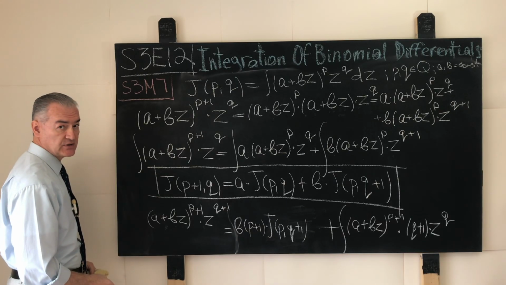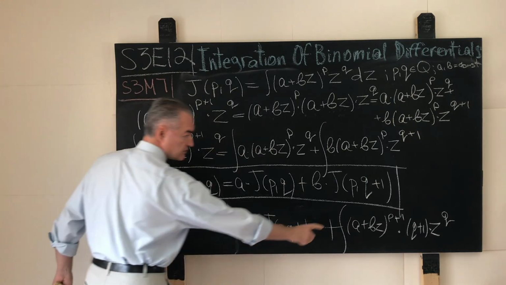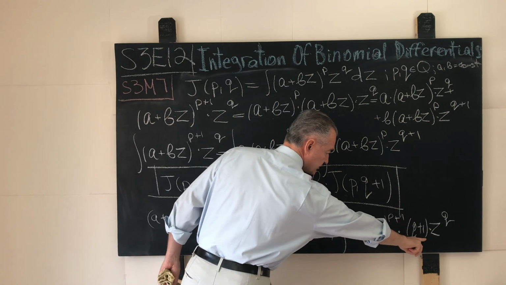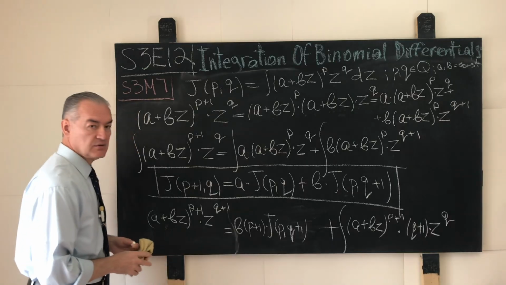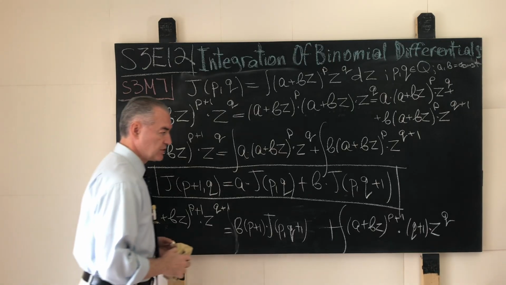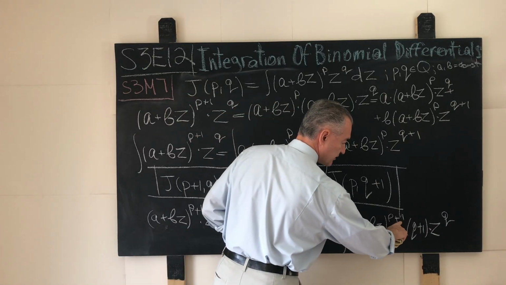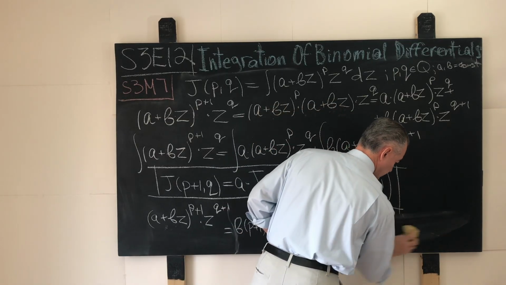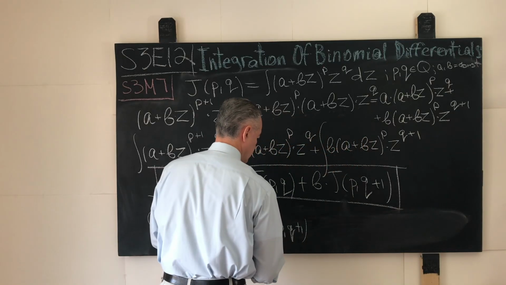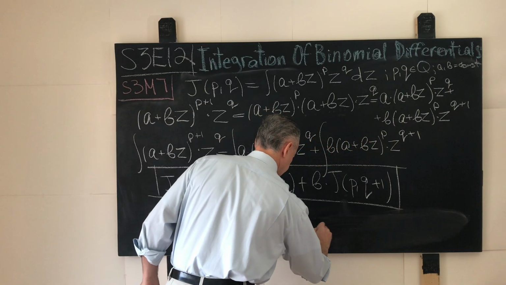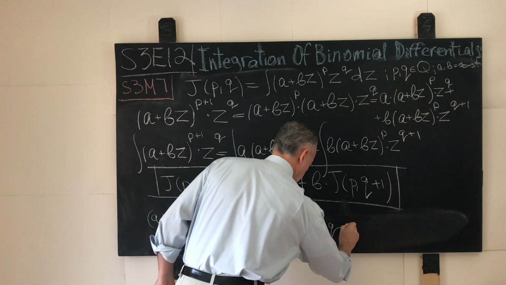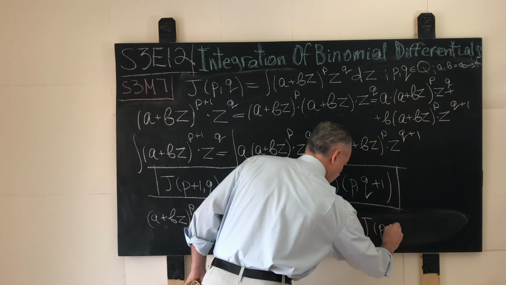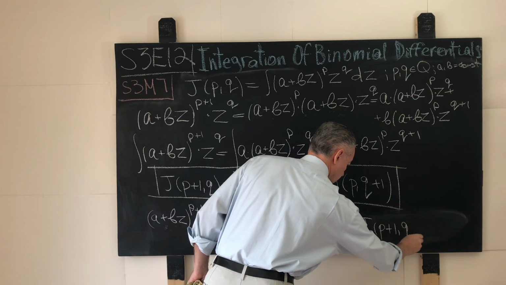You see, J p, q plus 1. Do we have this integral anywhere else? Yes, we have it right here. And what is this integral modulo this multiplicative constant over here? Well, this is p plus 1. So if we erase all this carefully, we know where it came from. q plus 1 plus q plus 1 times J p plus 1, q.